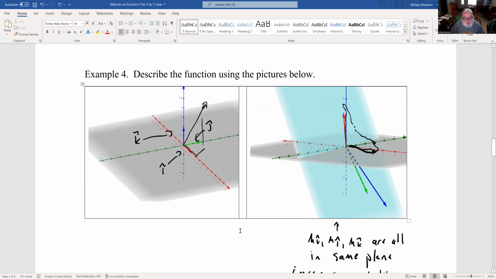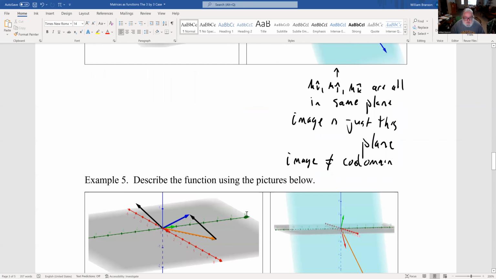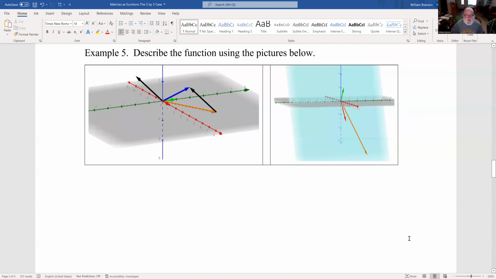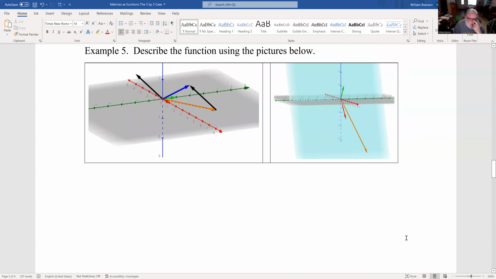So what's another way to visualize this aside from using ijk? Well, here's two pictures. They're a little bit complicated, so let's explain these a little bit. Red, in this picture on the left, which is the domain, is i hat. So that's this vector here. It's a little bit hard to see, but it points along the red line. That's the x-axis. Green is j hat.